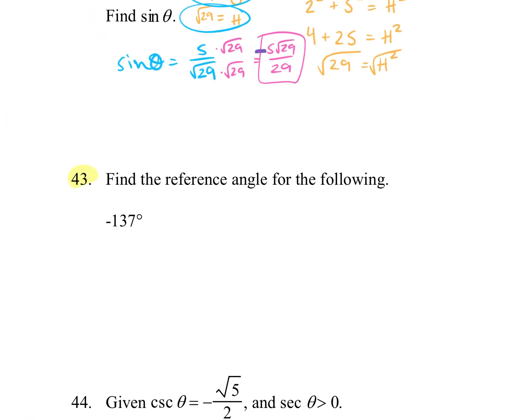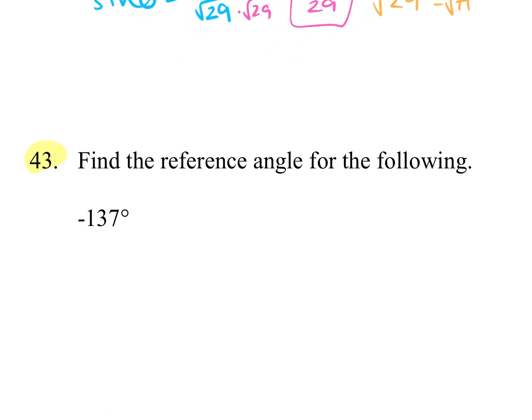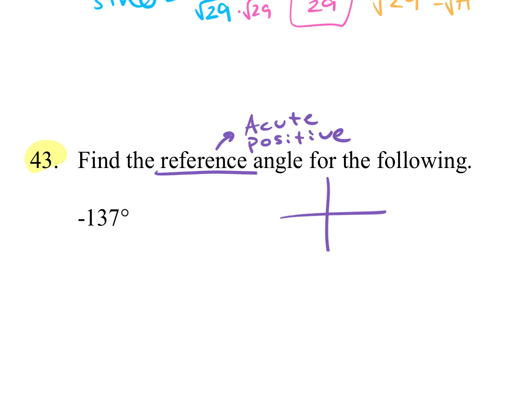All right, 43, we want to find the reference angle. Reference angles are always acute and positive. So we always want to start with something in between 0 and 360 before we find our reference angle, and then it just depends on which quadrant we're in to find what our reference angle would be. So let's add 360 to it.